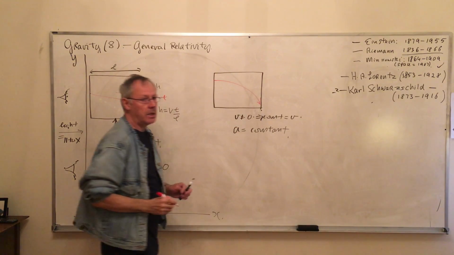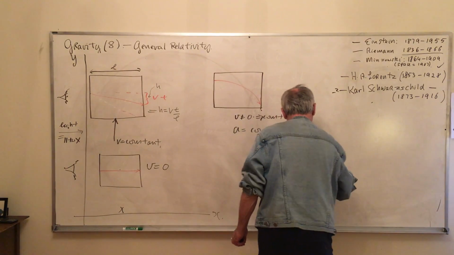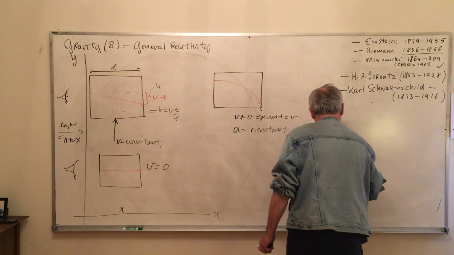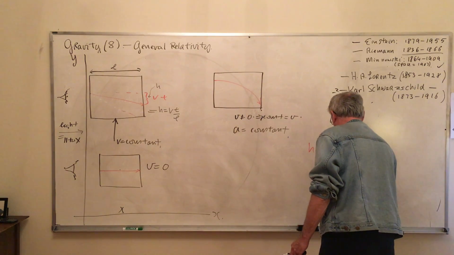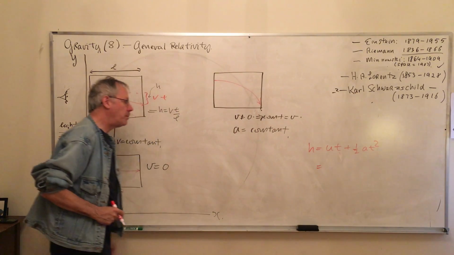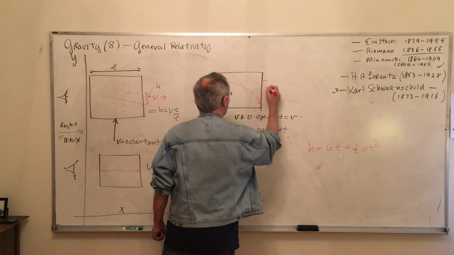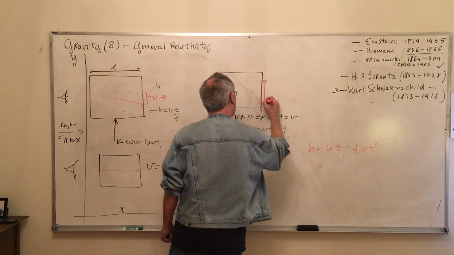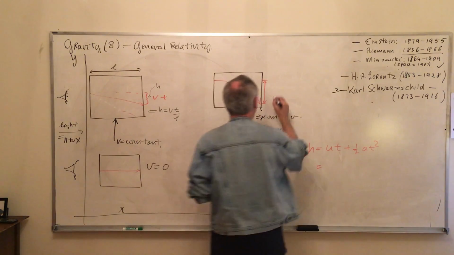Well, we know the way accelerated objects fall, right? When you want to graph an object falling through a height h, it's parabolic in shape. Okay, so let's see, how far down will the beam have gone? This height here, if there's a constant acceleration a, is going to be given by h.